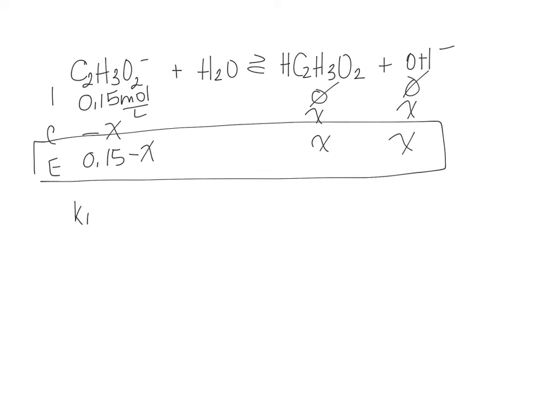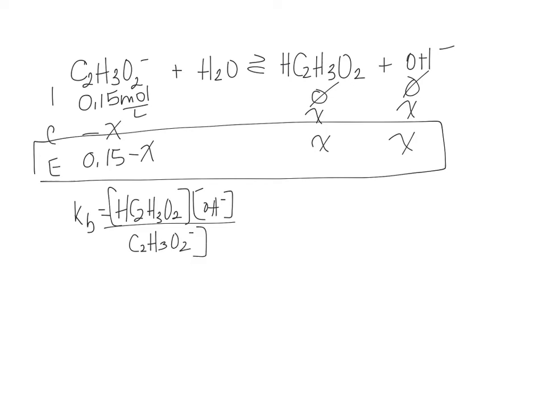Set up your K expression. Always write it out with your formulas first and then plug in your values. It just doesn't pay to make shortcuts. So then this is equal to x times x, which is x squared, over 0.15 minus x. So, acetate ion, we need a Kb.